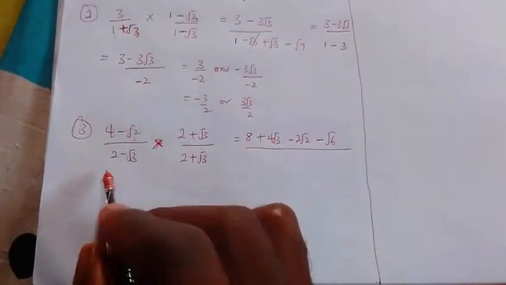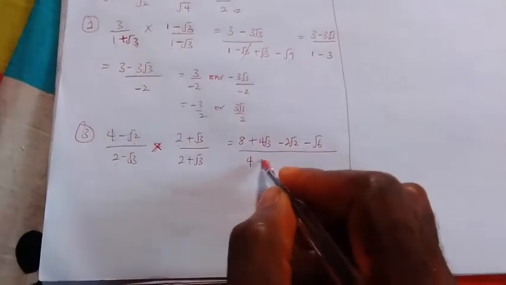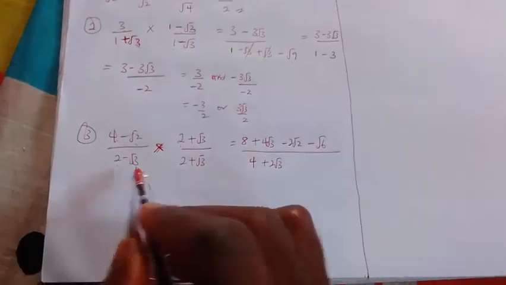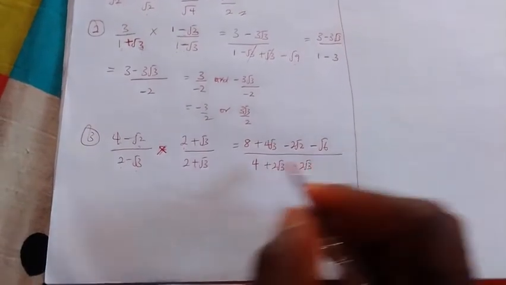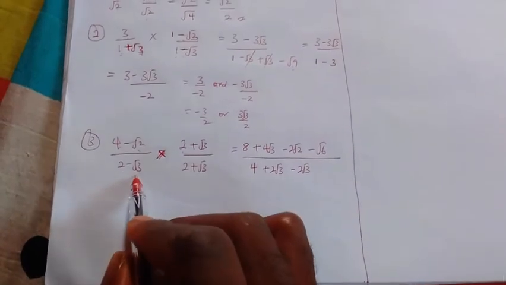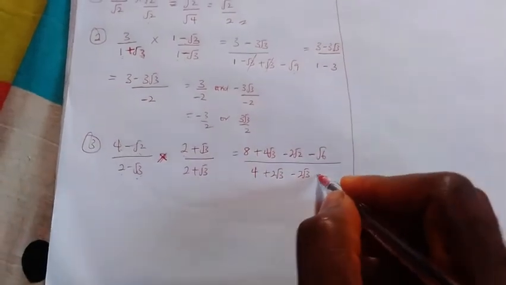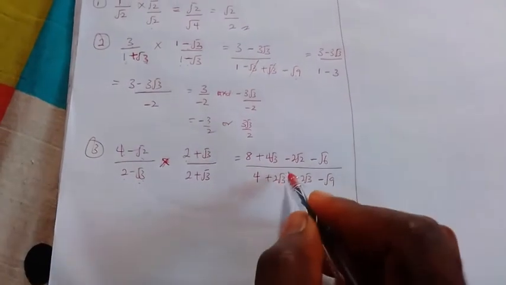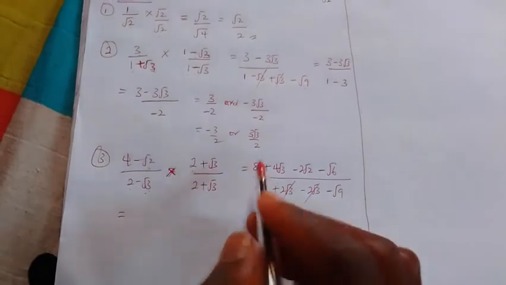Over 2 times 2 is 4. 2 times plus root 3 is 2 root 3. Minus root 3 times 2 is minus 2 root 3. Minus root 3 times plus root 3 gives us minus root 9. This cancels itself out again. So this now becomes what?